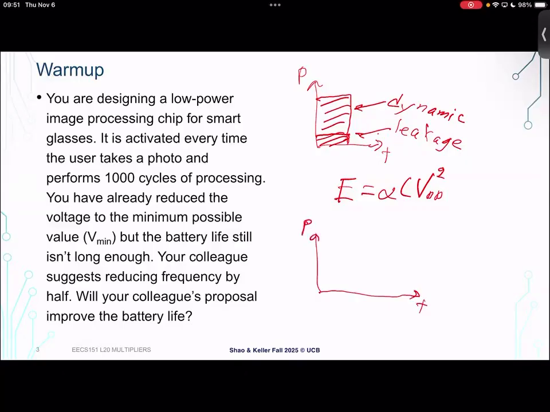Let's run at half the frequency, so the workload takes twice as long to finish. The dynamic energy is going to be the same, right? The area of this box is going to be the same as the area of this box. The two stars, which I'll mark to be clear what I'm talking about.